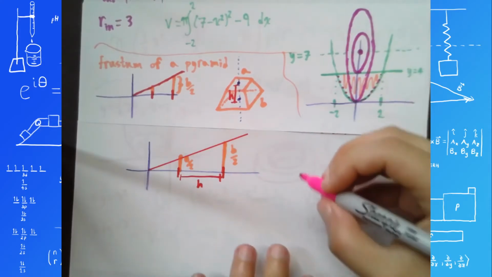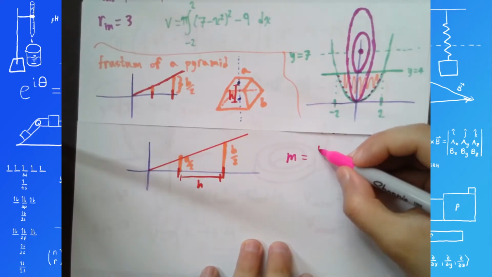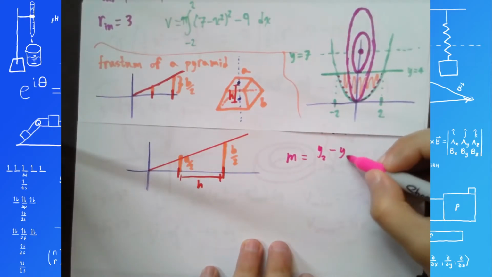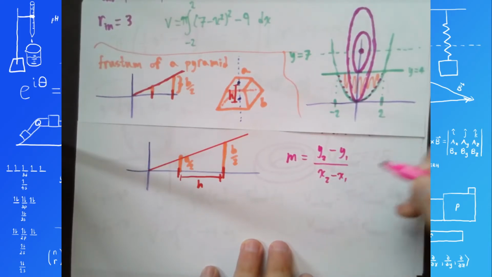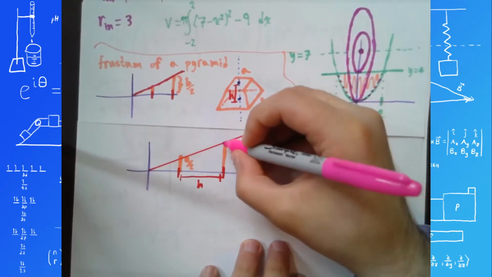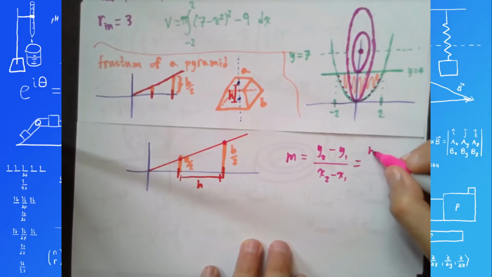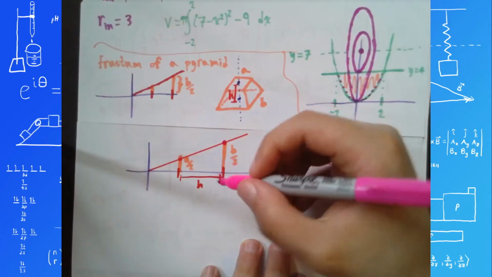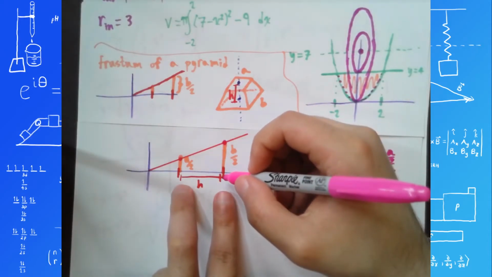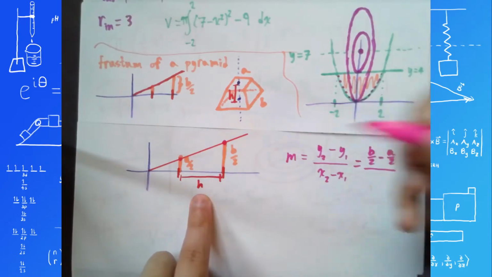Oh, yeah, I can calculate the slope. So it's going to be y2 minus y1 over x2 minus x1. Y2 minus y1 being the heights B over 2 and A over 2, B over 2 minus A over 2 over x2 minus x1. I don't know what they are, but I do know that the difference between them is going to have to be h.